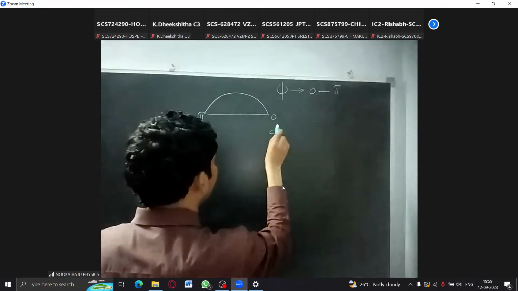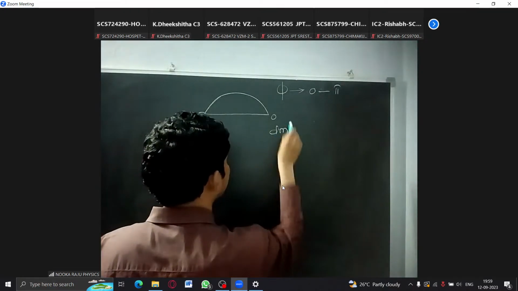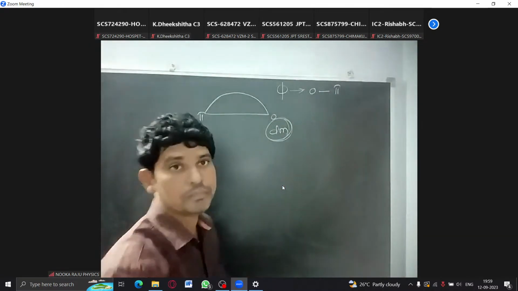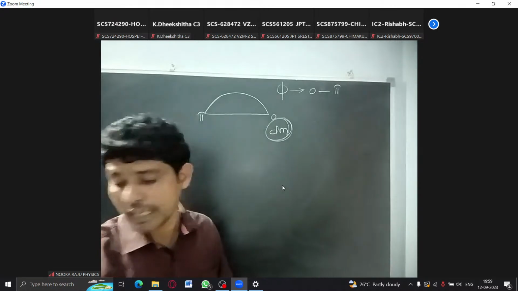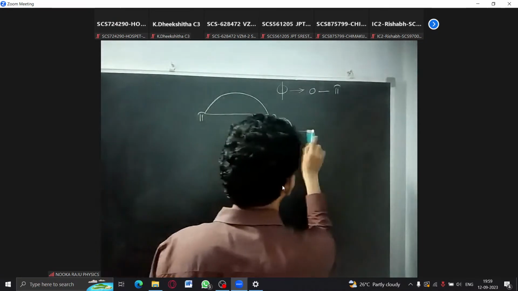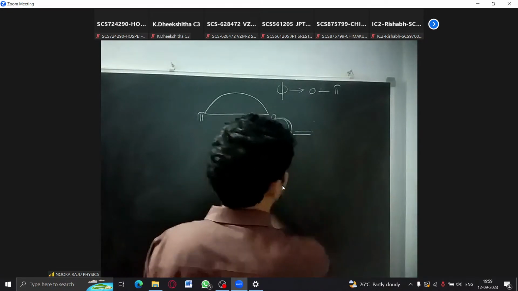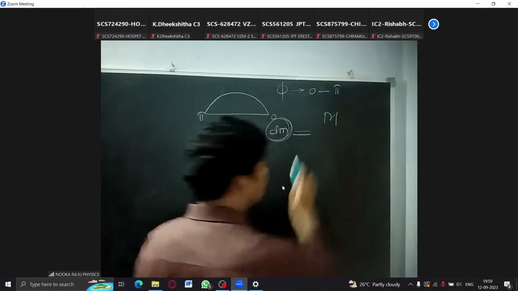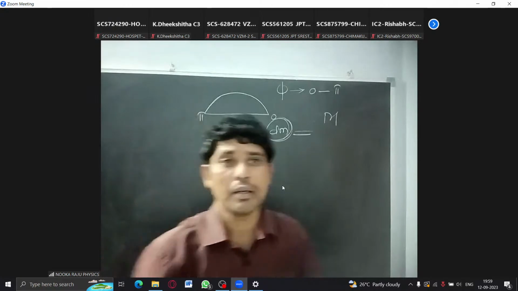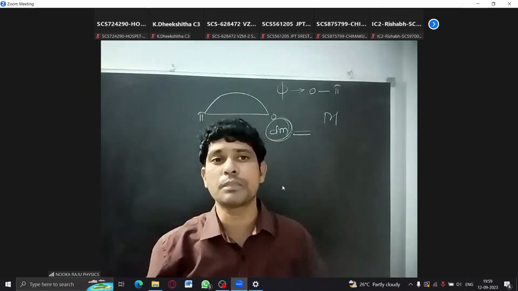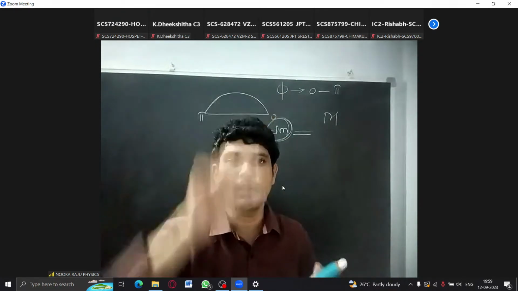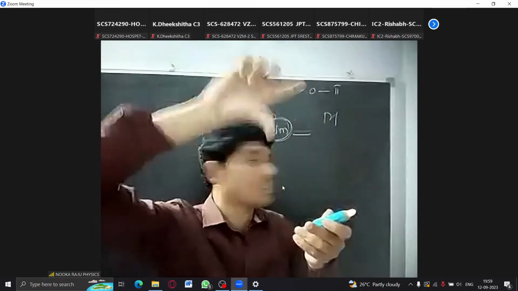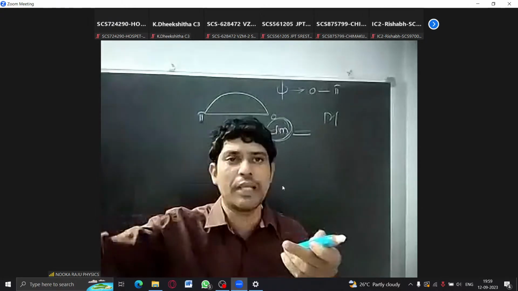Now, how can we calculate the dm value? dm completely depends on the angle. dm is the total mass of the semicircular ring, capital M. Students, please try to understand this point. For unit length, the mass is M by L. For unit area, the mass is M by A into dA.